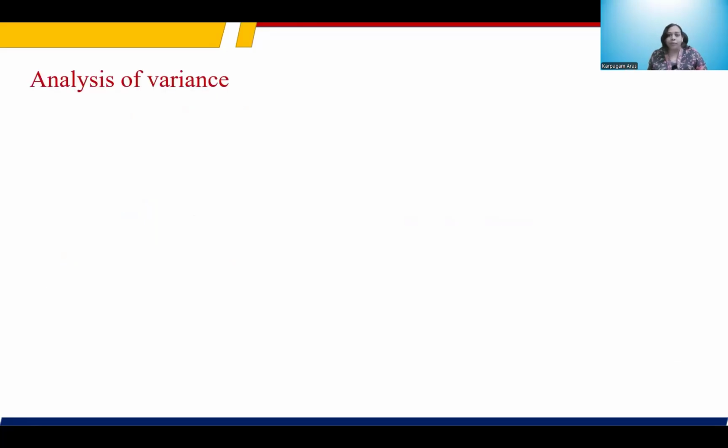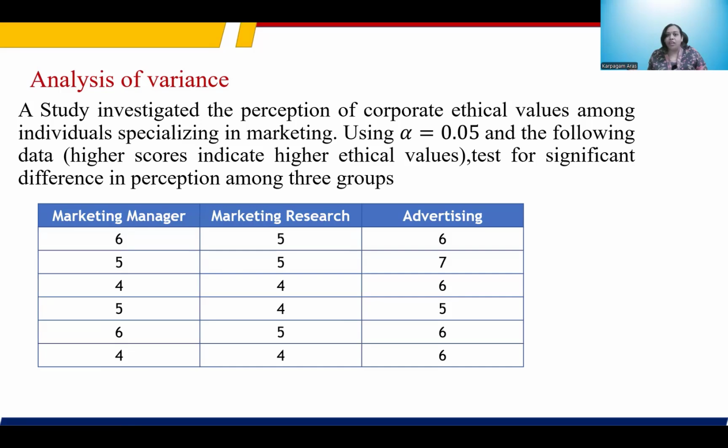Let's solve a problem here. We are presented with a study where a researcher is interested in finding out how the different departments within marketing perceive the corporate ethical value. Three groups are taken into consideration: marketing manager, marketing research, and advertising. For marketing managers, the least score is 4, moderate is 5, and the highest is 6.